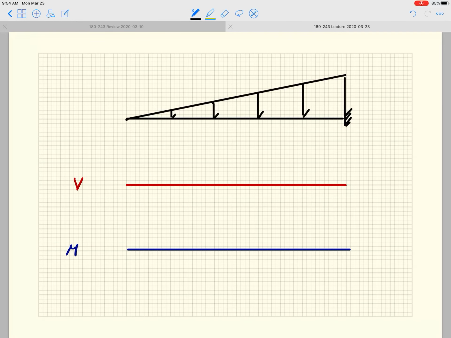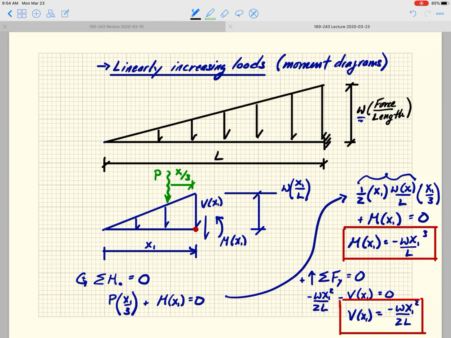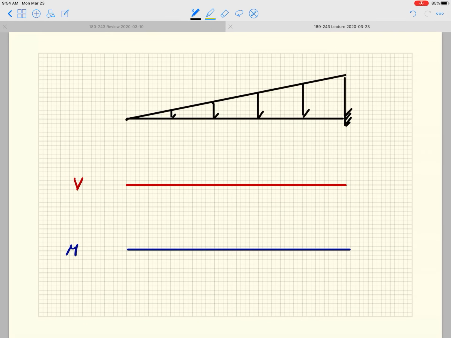And so here the shear diagram, if we look at it, it is second order, right? And it's negative, so it's starting at 0, and then the more we move towards the right support of the diagram, the more negative it gets, right? And it actually looks something like this, where this guy here is a parabola, right?